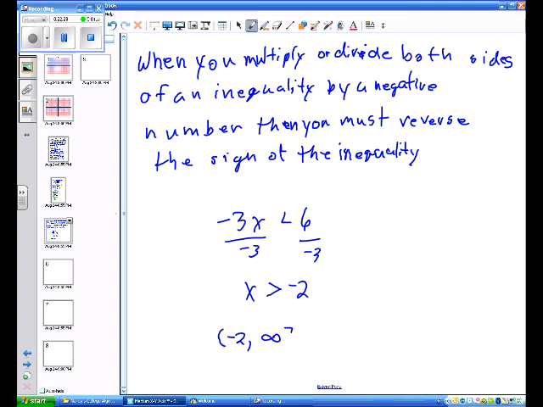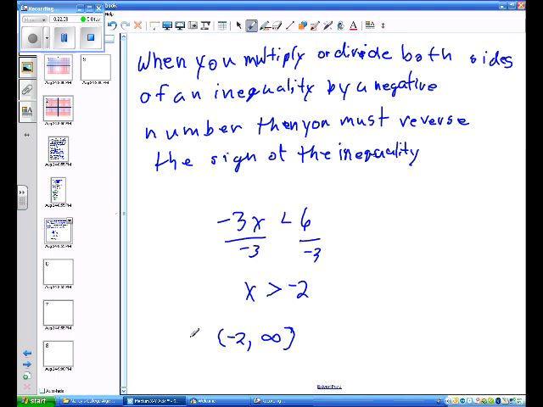Any of those answers would make it true. If you pick just one of them, 5 would be in that set. Well, negative 3 times 5 is negative 15. That's less than 6. But if you pick something that wasn't in the set, a number on this side, such as negative 5. Well, negative 3 times negative 5 is positive 15. So that wouldn't make it true.